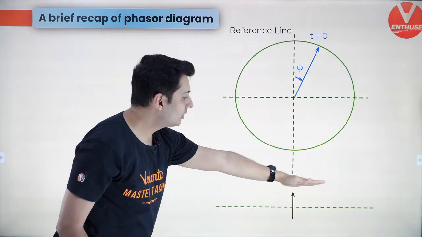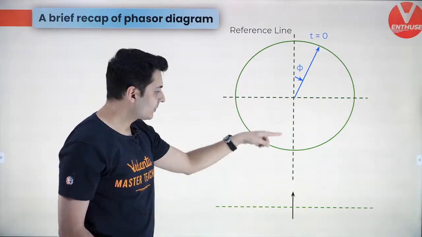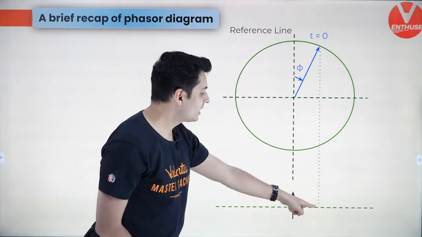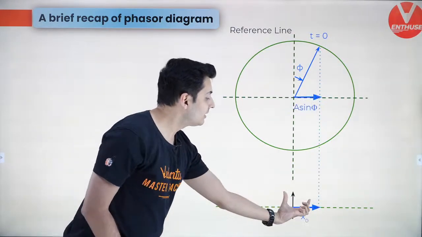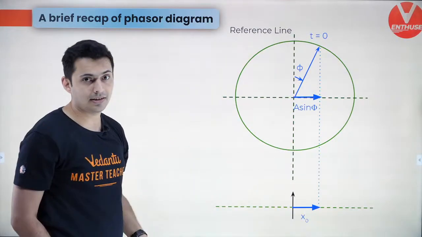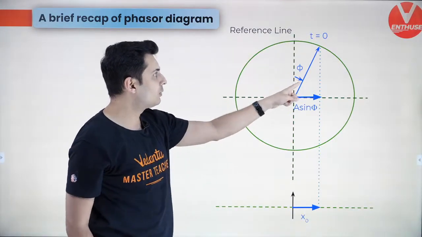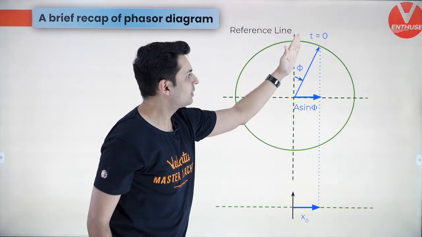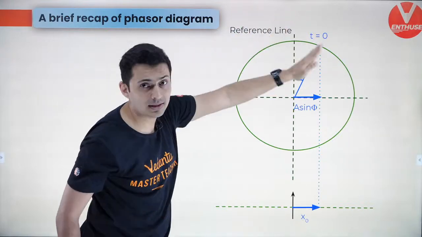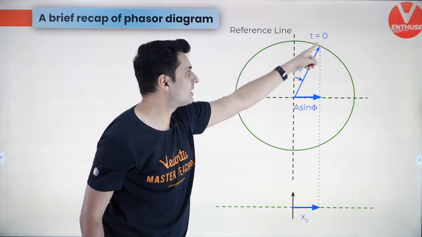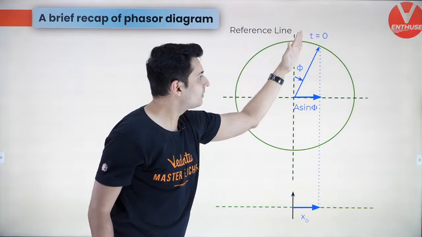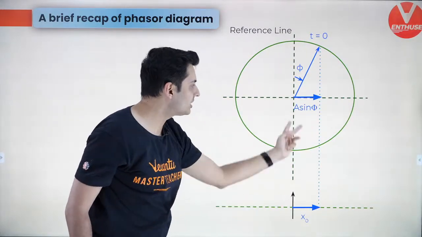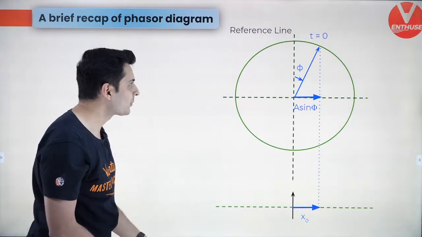Then on the horizontal axis, where my particle is going to execute, the shadow of this is going to represent the initial position of that particle. So in the circular motion, the particle is over here. This is some length which is going to revolve like this with constant speed at time 0. That is, initially the shadow of this line is this much, and that represents the initial position, which is going to be a sine phi.